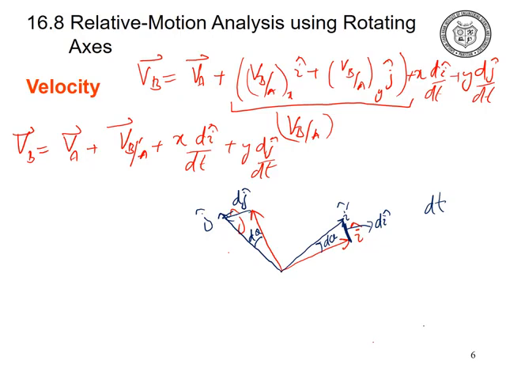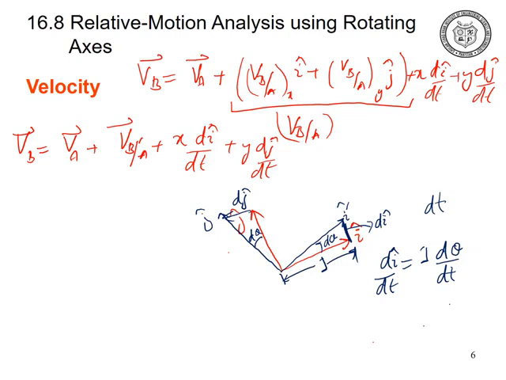So what is the magnitude of the unit vector? The magnitude of a unit vector is 1. So by using the s equal to r theta or radian definition, what is di? di equal to 1 times d theta. So by dividing both sides by dt, it becomes di by dt.